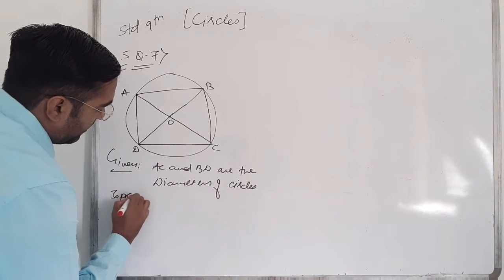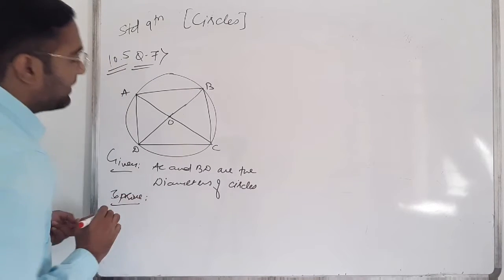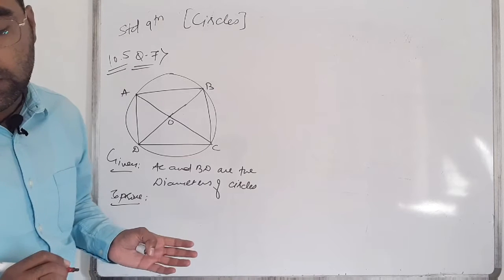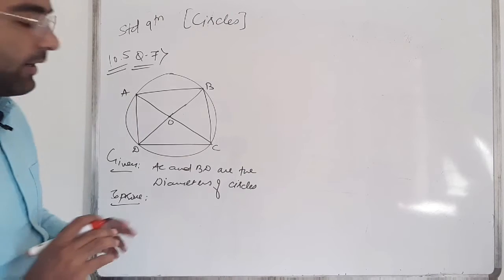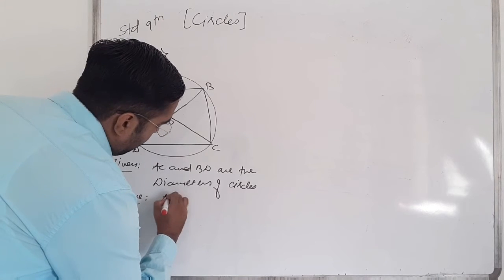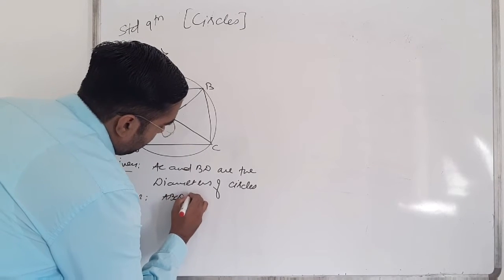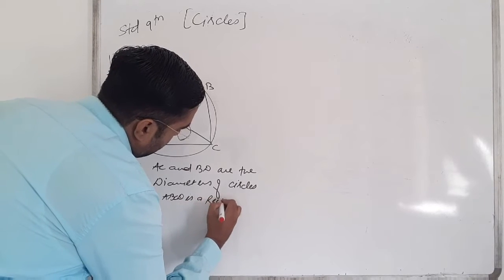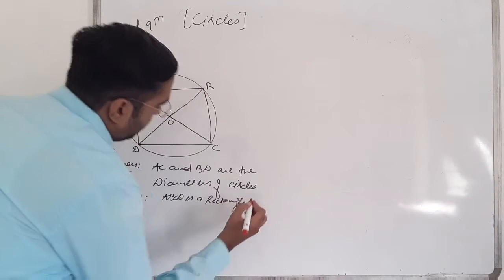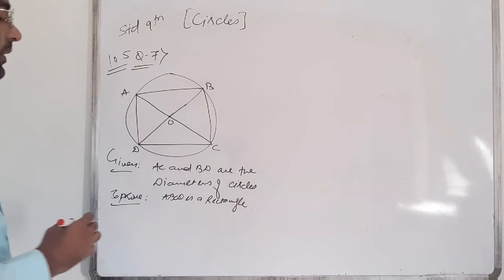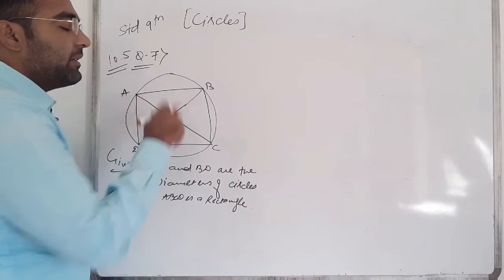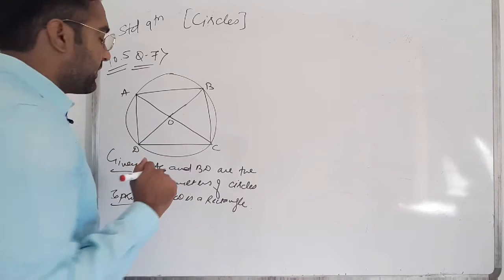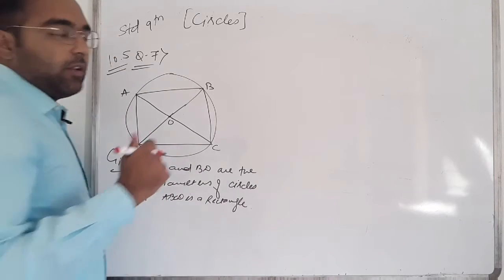To prove: the quadrilateral with these vertices is a rectangle, that is, ABCD is a rectangle. One more thing given is that ABCD is a cyclic quadrilateral. So let's start with the proof.